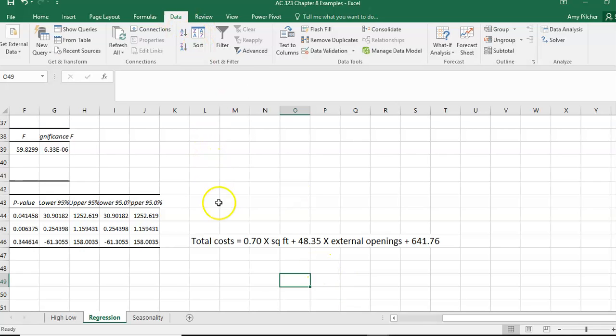Regression analysis gives us the most accurate cost equations for mixed cost versus the high-low method.